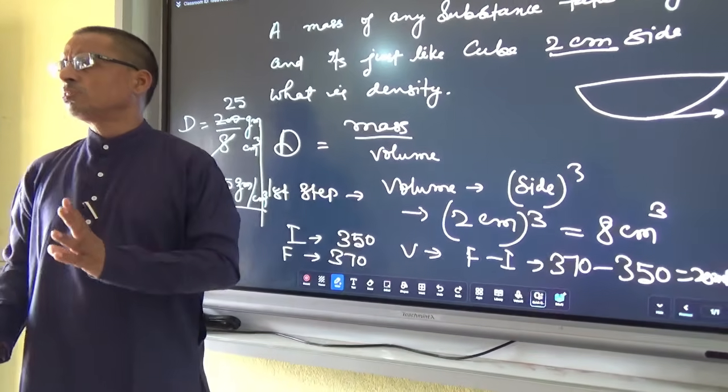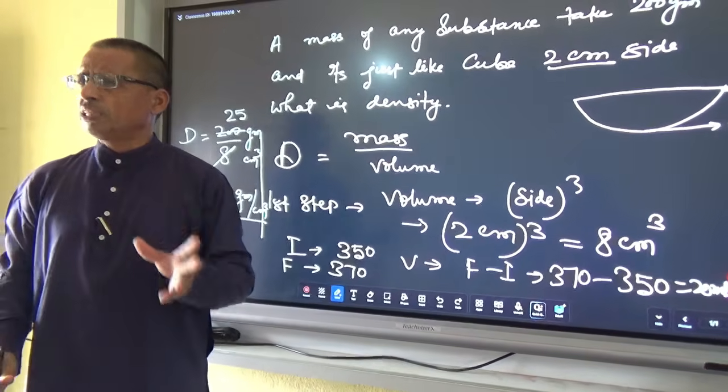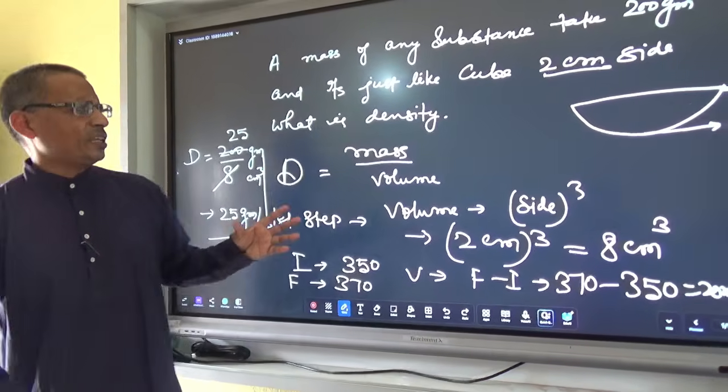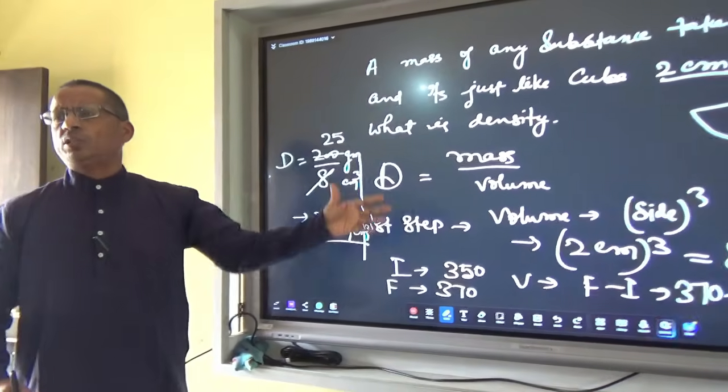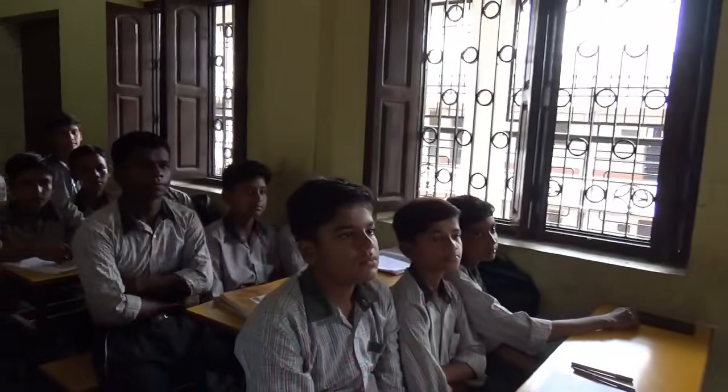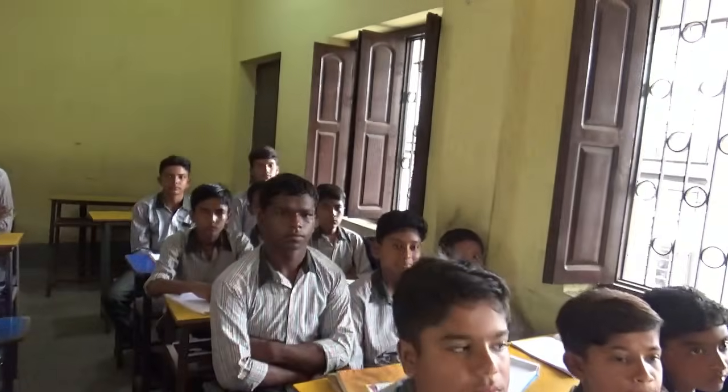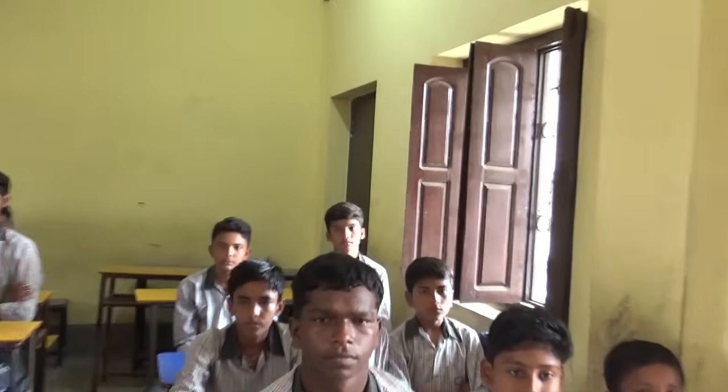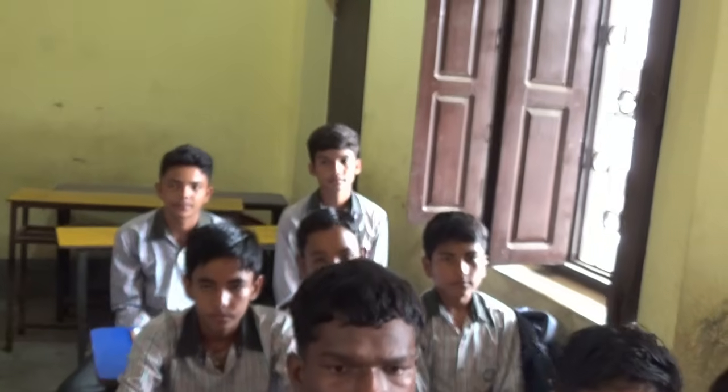Okay, any doubts? Any questions? So that is the way you find the density of any substance in nature. You can easily measure that density. And what is the first step?